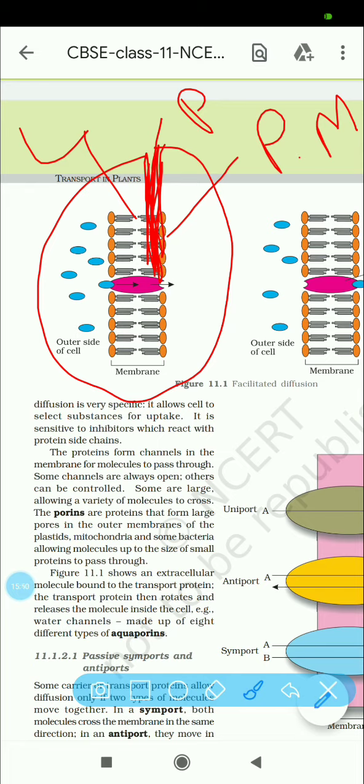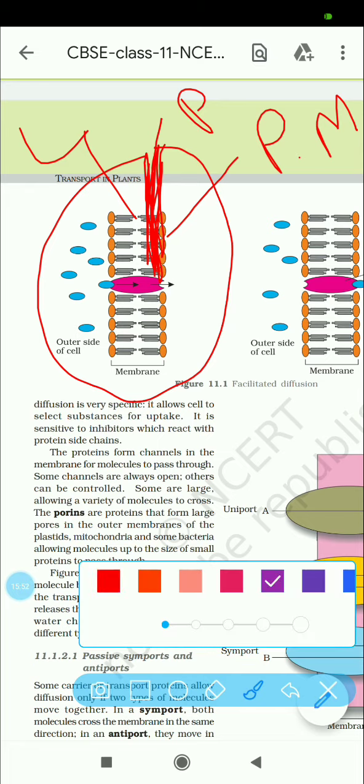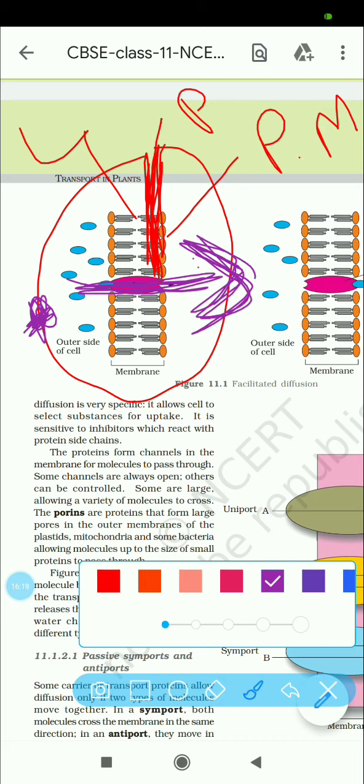These are the substances which are outside the cell. They have to be moved to the inside. For that movement, as you can see, they are moving towards this pink part, in this direction. So how will they move?